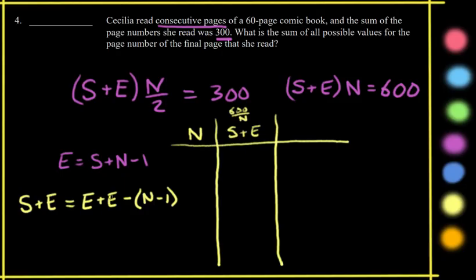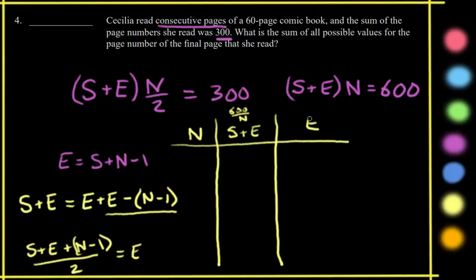Okay, because this is equal to s. S is going to be the ending number minus the number of numbers minus 1. So if we know s plus e and we want to know e, we just need to take s plus e and then add n minus 1. Okay, and that'll be 2e, and then we'll divide by 2, and that will be e. Okay, so let's put e here.